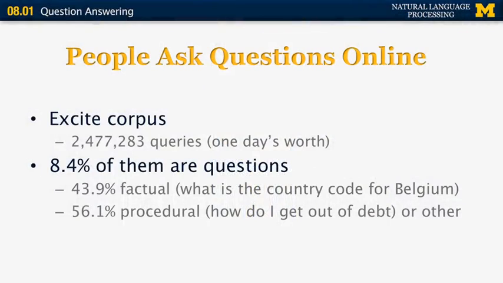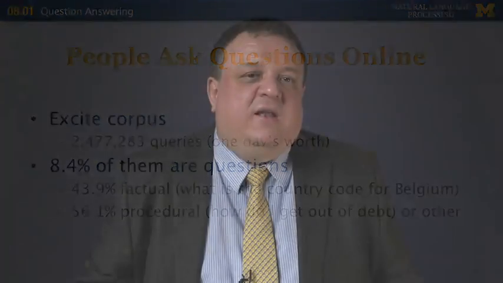For example, what is the country code for Belgium? And the rest were procedural. For example, how to get out of debt or other types of questions. Now, I should note here that factual questions are much easier to deal with than procedural questions, because procedural questions require a lot of context.